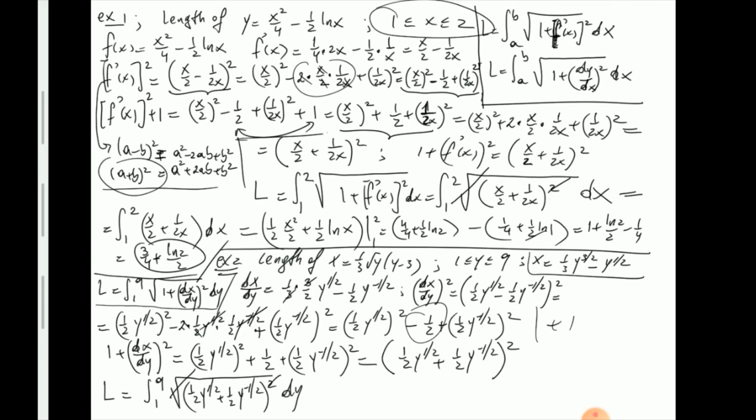These cancel, and you're left with 2 power rules. And the answer should be 32/3. So do this on your own and check to see that you get 32/3. So that's it for today, and I'll see you next time.